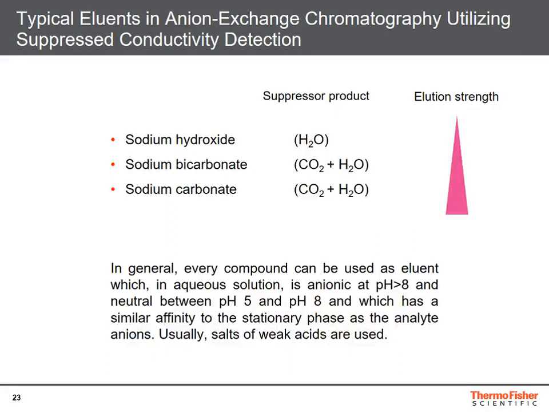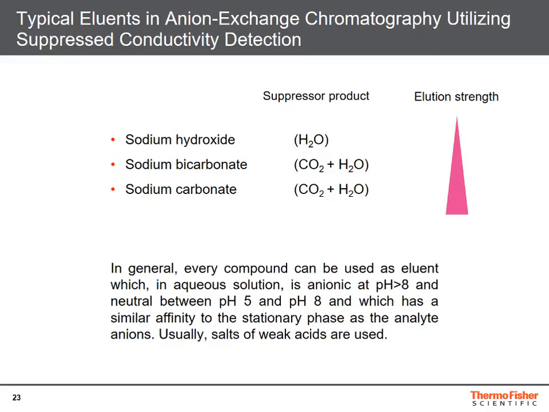Let us talk for a moment about eluents in anion exchange chromatography, especially when we utilize suppressed conductivity detection, the most dominant detection system in ion chromatography. In general, a lot of compounds can be used as an eluent when they are in aqueous solution anionic at pH above 8 or neutral between pH 5 and pH 8.